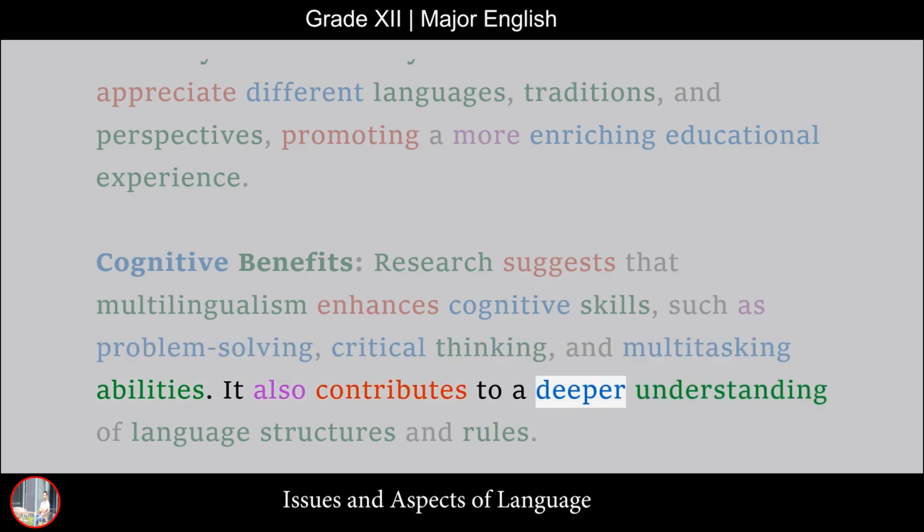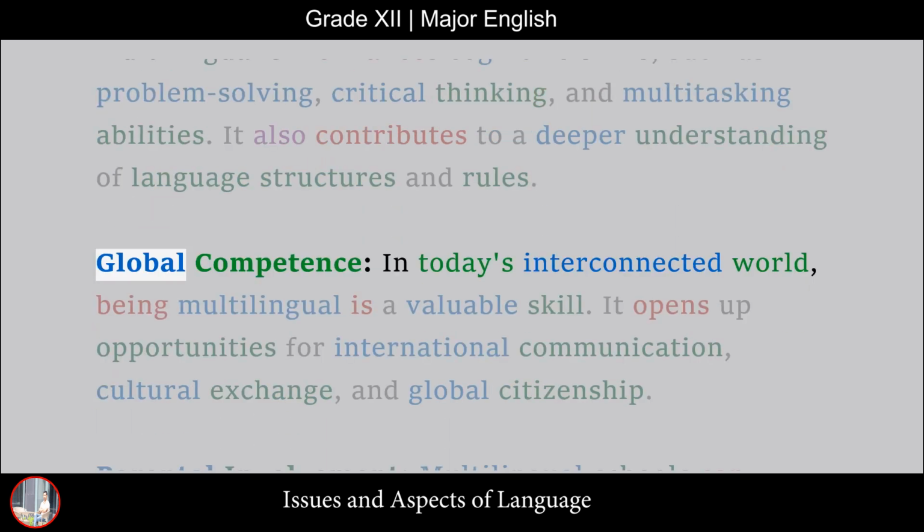It also contributes to a deeper understanding of language structures and rules. Global competence. In today's interconnected world, being multilingual is a valuable skill. It opens up opportunities for international communication, cultural exchange, and global citizenship.